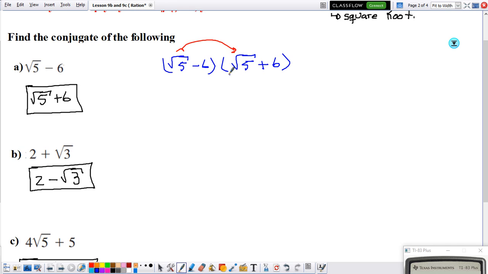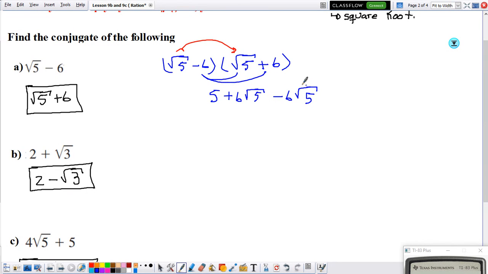25, where the square root of 25 is just 5. Square root of 5 times 6, that's equal to just 6 square root of 5. Negative 6 times square root of 5, that is equal to negative 6 square root of 5. Excellent.